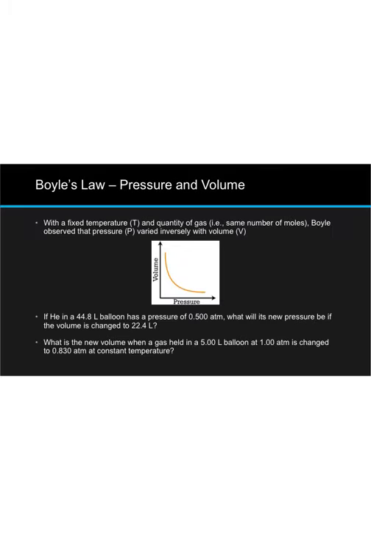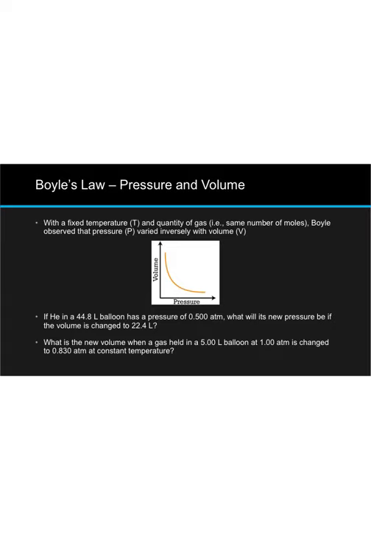The first of these, Boyle's law, shows us that when temperature and the number of moles of gas particles are fixed, any increase in pressure on a gas decreases that gas's volume, and vice versa.